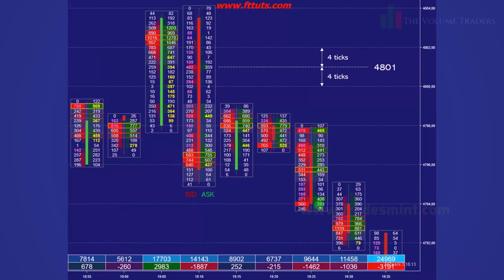Now I want to show you some confusions, because as I said, all we see on the footprint chart are executed orders. So not only market orders, like we are trading, or most of us use market execution, but on the footprint we also see the limit orders.